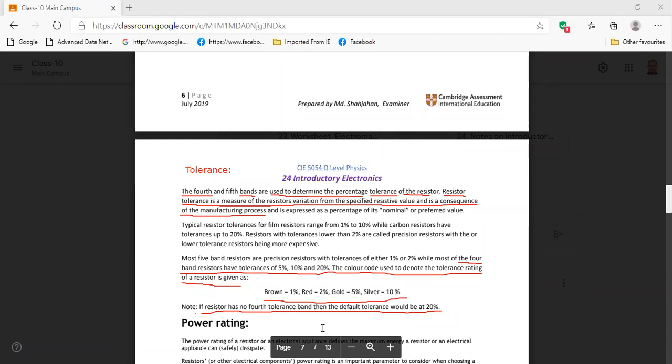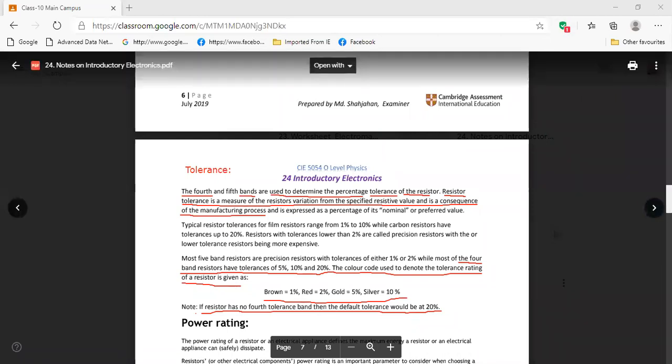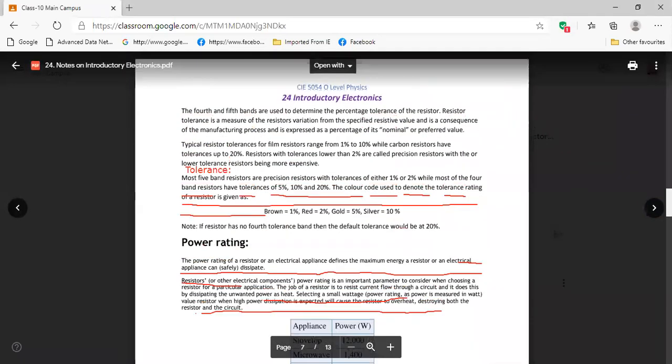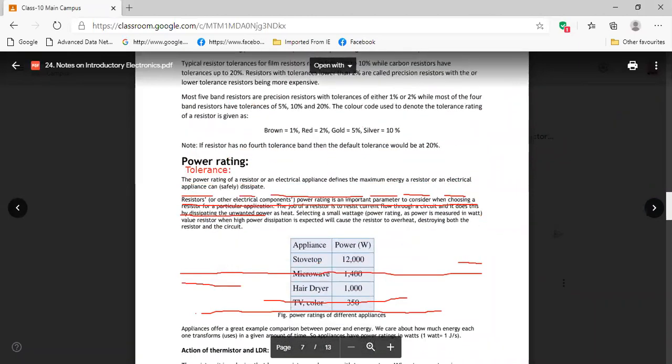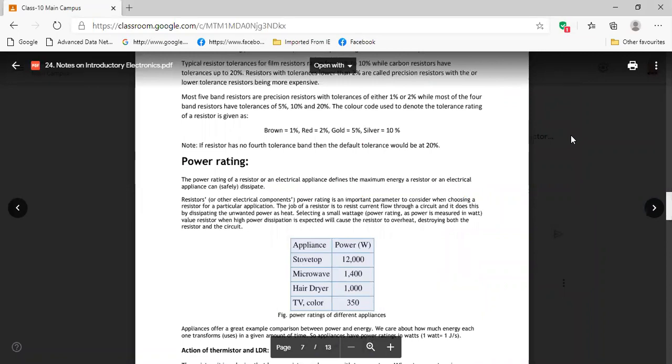If you have the voltage and current, then you can find the power. For example, if one appliance is written 220 volt, and current is 1 ampere, then the power rating of this appliance is 220 watt. Is it clear? Yes, sir.